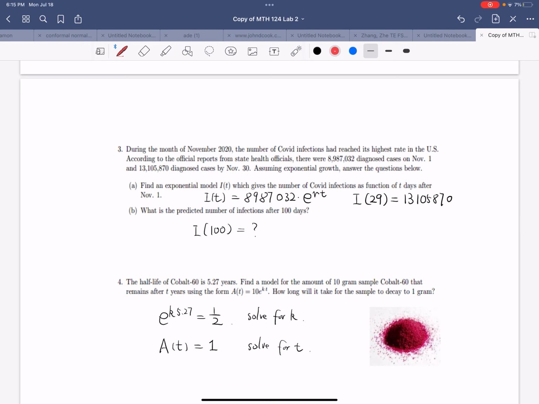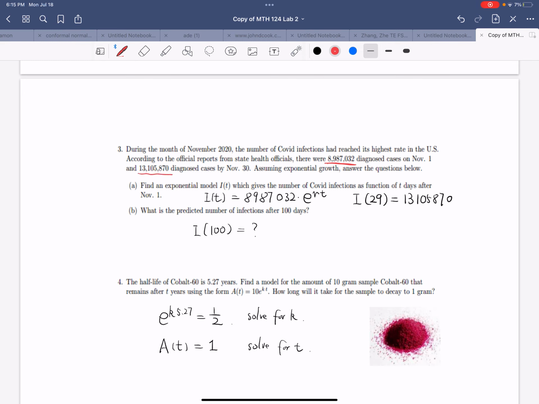The beginning data is this, and from November the 1st to November the 30th, the cases increased to this number.